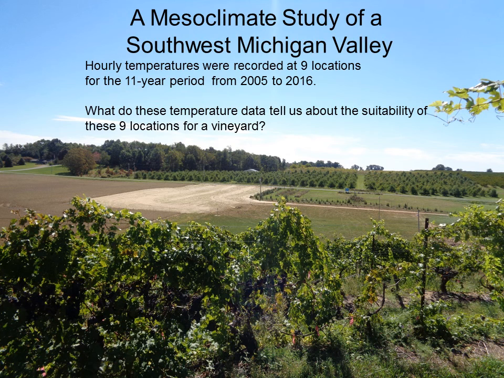And what these temperature data tell us about the suitability of these 9 locations is the point that we're trying to make here. We will go into that in so much detail that you will get a real feel for how this land, this small valley, varies so very much in its suitability for a vineyard.